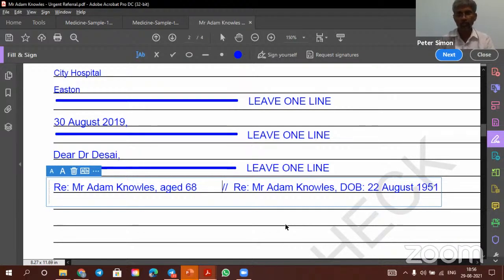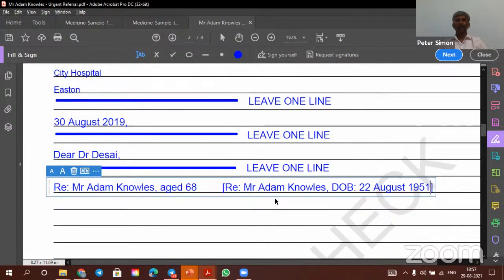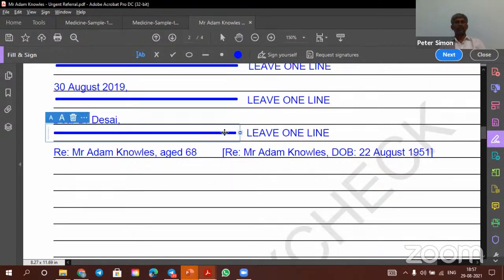I am putting this in brackets, which means this is also right. Regarding Mr. Adam Knowles, age 68, or regarding Mr. Adam Knowles, date of birth 28 August 1950, and that is also right. Then next.